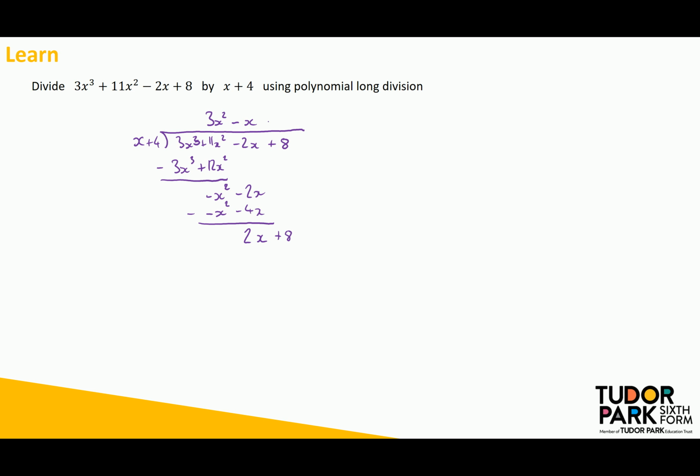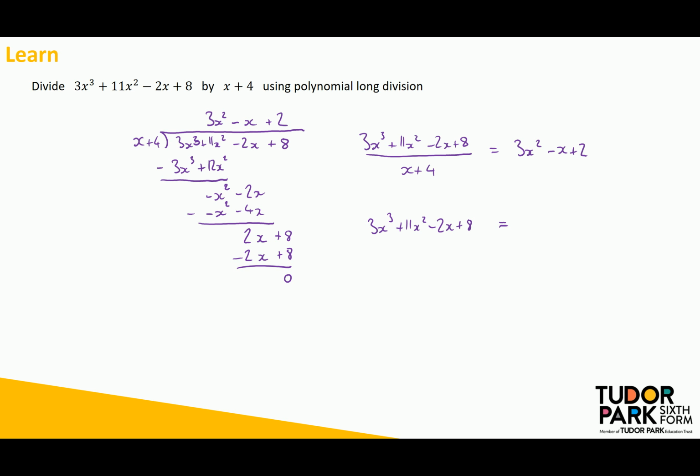x's into 2x goes 2 times. Multiply everything by 2, and I've got 2x plus 8. Subtract, and I've got no remainder. So, 3x cubed plus 11x squared minus 2x plus 8 divided by x plus 4 is equal to this top line, 3x squared minus x plus 2.